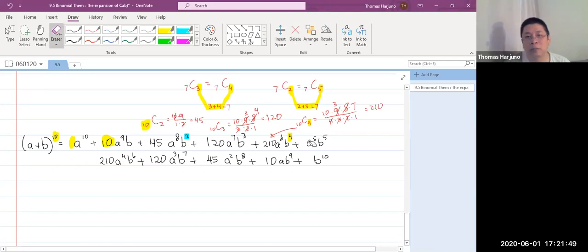I still have this term missing the coefficient. So what is the coefficient of a to the 5th, b to the 5th? Then it will be 10 combination 5, which is 10 times 9, 8, 7, 6 over 5, 4, 3, 2, 1. 10 cancels with 5 and 2. 8 cancels with 4. 9 cancels with 3.